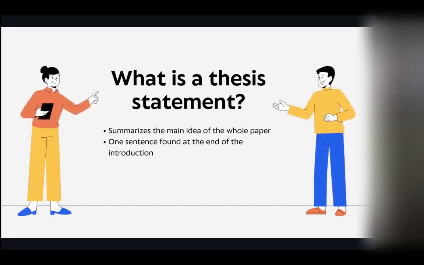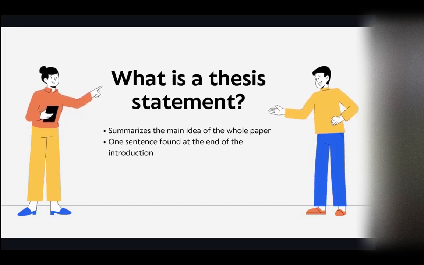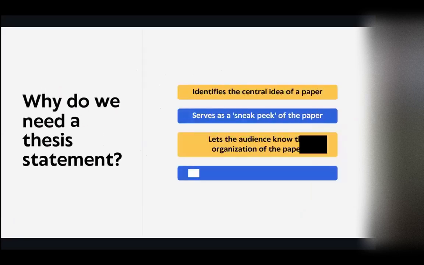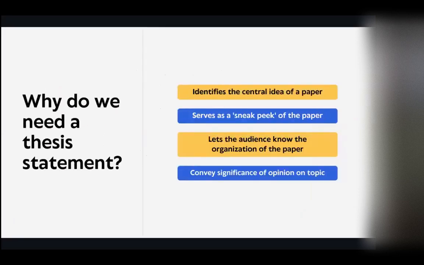So why exactly do we need a thesis statement? You can go to the next slide, please. Okay, so the thesis statement identifies the central idea of your paper and covers exactly the topic you want to talk about. It also serves as a sneak peek by letting your readers know what to expect.